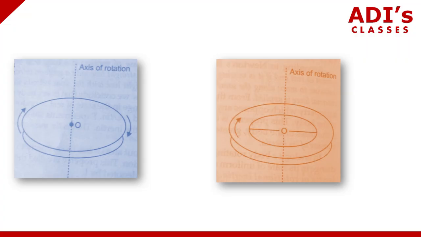Whereas for the second one, the mass is concentrated more on the rim part, so the distance from the axis of rotation is more. Since we are doing m r squared, the moment of inertia becomes quite large compared to that of the first one.